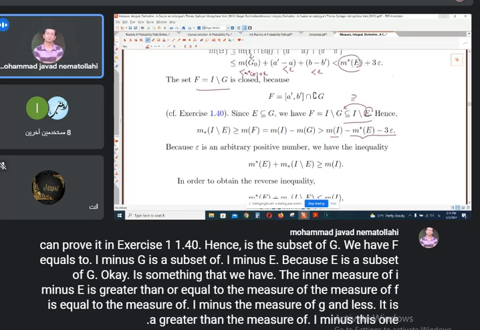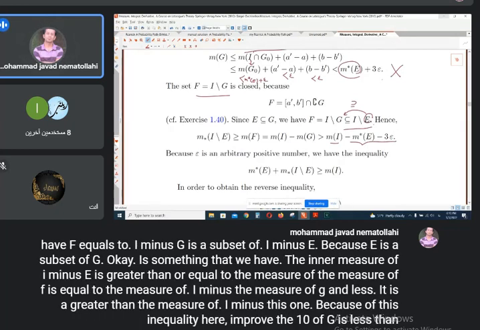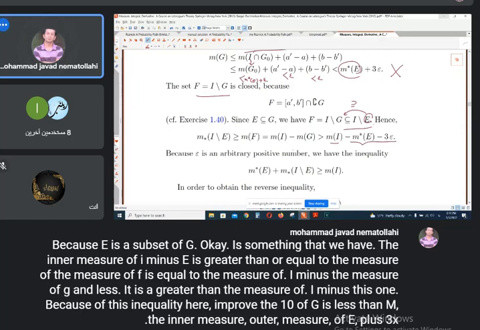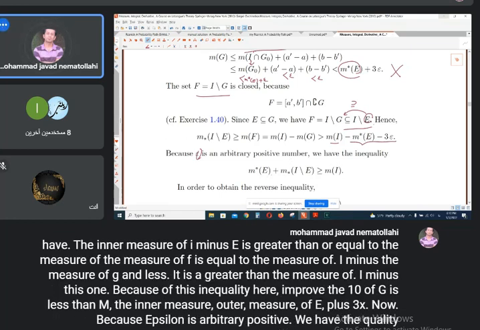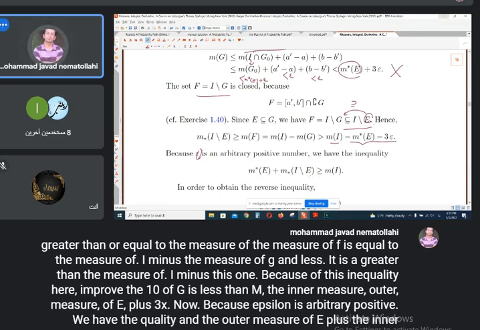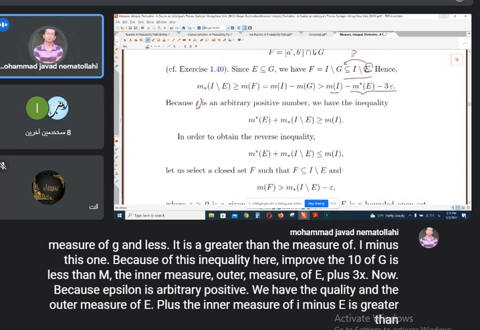Because of this inequality, we proved that m of G is less than the outer measure of E plus 3 epsilon. Now, because epsilon is arbitrarily positive, we have the inequality: the outer measure of E plus the inner measure of I minus E is greater than or equal to the measure of the interval I.